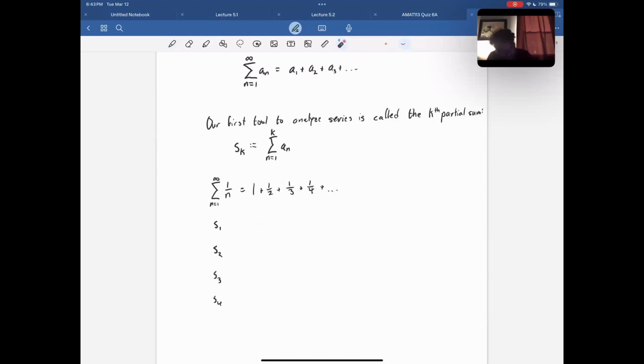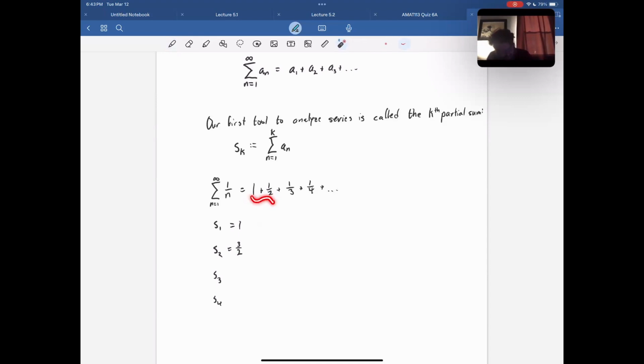S1 is just the first term, so that's 1. S2 is the sum of the first two terms, so 1 plus a half is 3/2.